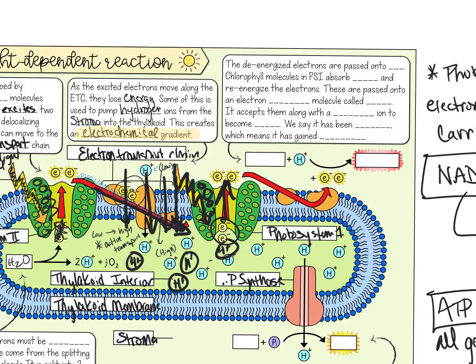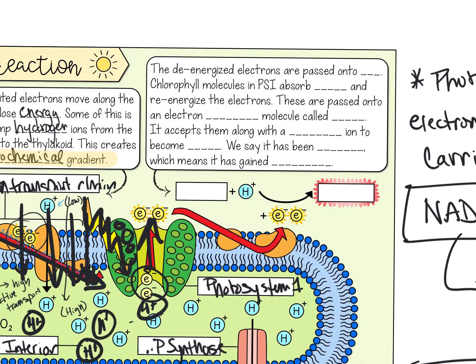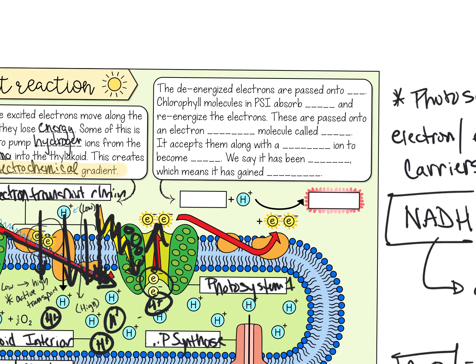And when they're at that high energy state, that energy is able to be passed. So the de-energized electrons that are passed onto the photosystem 1 chlorophyll molecules in PS1 absorb light and re-energize the electrons. Okay, so again, remember, these are electrons coming from the original PS2.